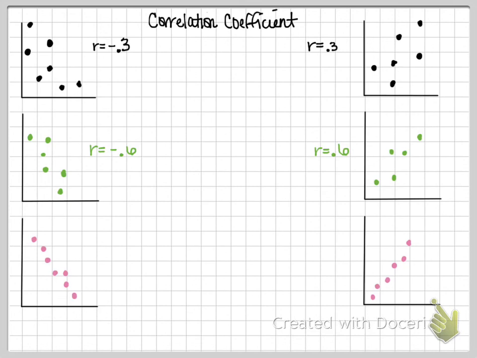When our R is closer to positive 1 or negative 1, that means it is stronger, or more linear. This is negative since it's definitely pointing down, and I would say this is probably at negative 0.9. Whereas this one over here is positive since it's pointing up, and it's probably about as strong.